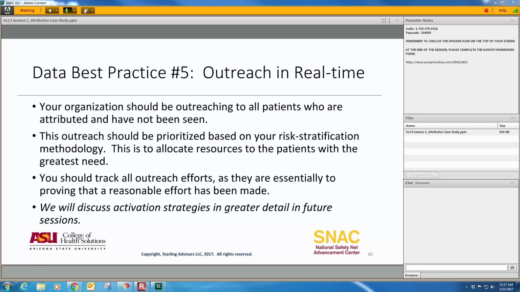Lastly, and this begins kind of the shift to a discussion about activation, which is going to take up the majority of the remainder of the education in this learning collaborative, do your outreach in relative real time. So you should be outreaching to patients who have been attributed and have not been seen.